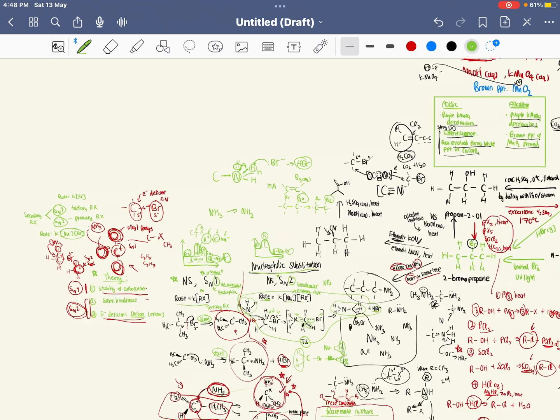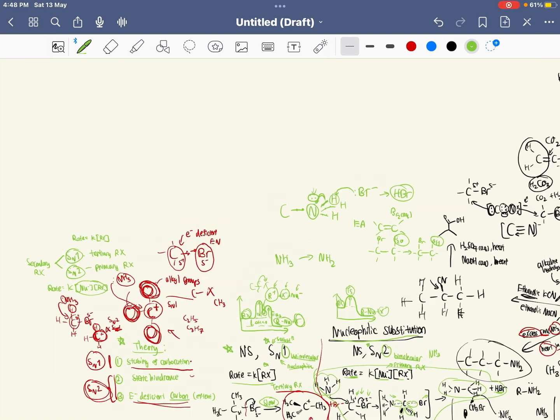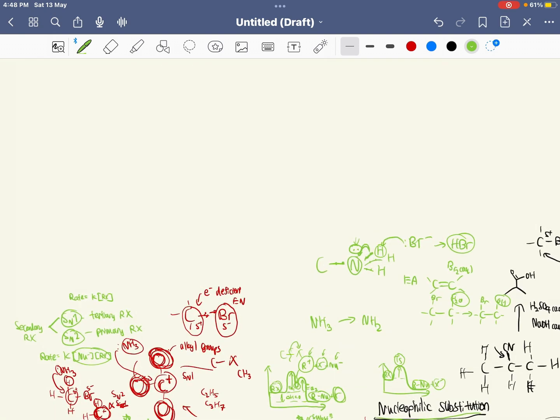Okay, so next up I'm going to explain nucleophile and electrophile, because some people seem confused about it. A nucleophile is when I'm electron rich. Therefore, you always see that a nucleophile has lone pair electrons that it wants to eagerly donate.